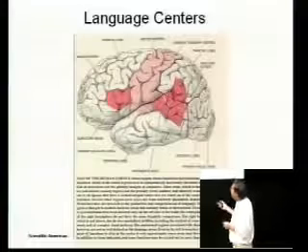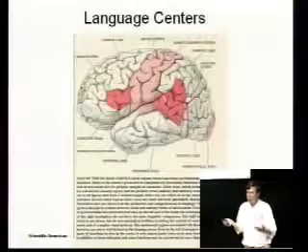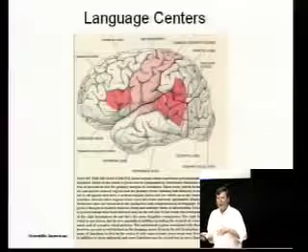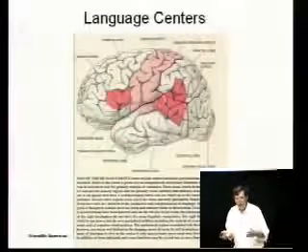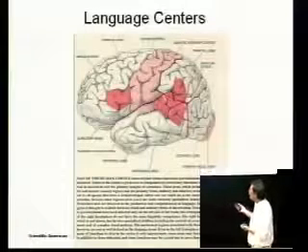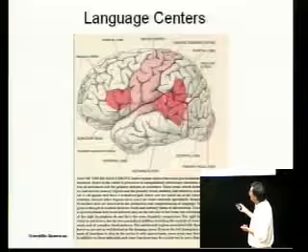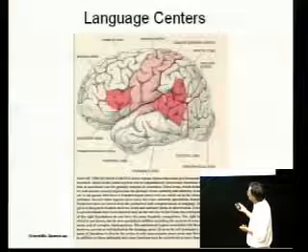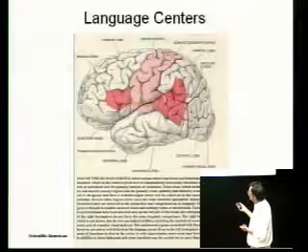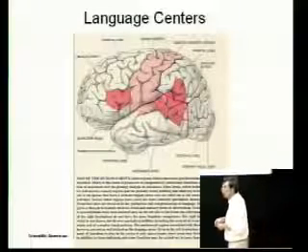By the same token, Wernicke's aphasia, the so-called receptive aphasia, where the patient has difficulty conveying meaning and has difficulty understanding the speech of others, is associated with damage in an area known as Wernicke's area, which is located in this region, mostly up here in the temporal lobe, maybe extending a little bit into the parietal lobe.